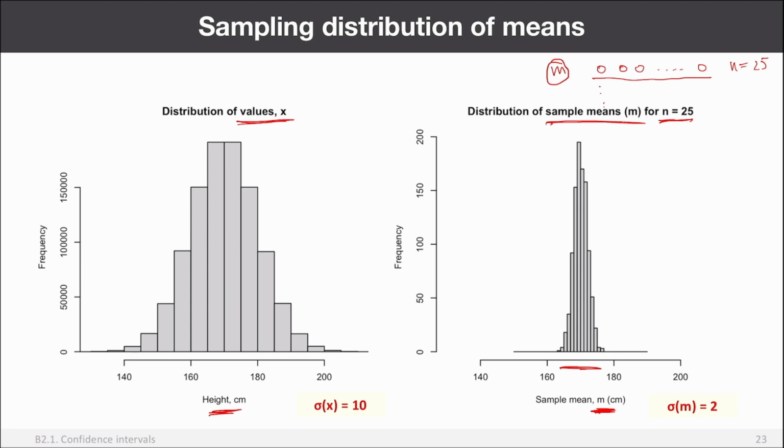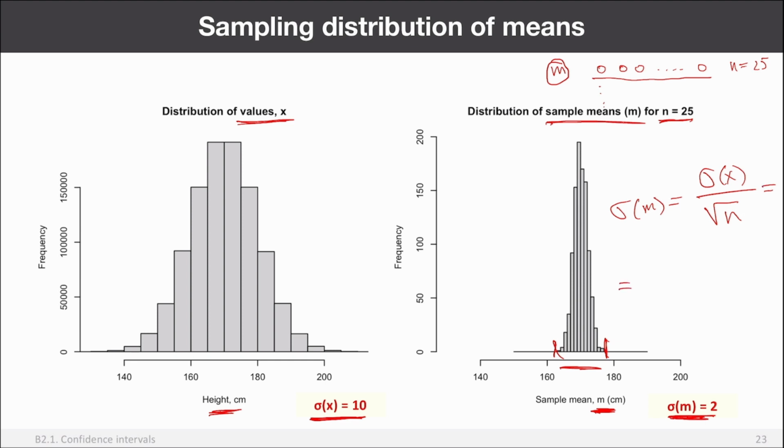Now you can see in this case the sigma, the standard deviation of the distribution, is 10. But in this case, it's much smaller, right? If you compute the standard deviation, you will find out this is 2. Why is it 2? You remember that this is the standard error, right? Standard error can be computed as the standard deviation of your population divided by the square root of your sample size.